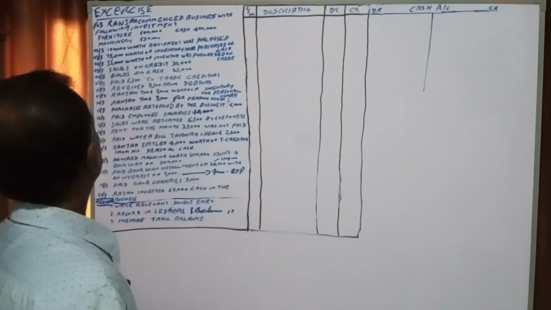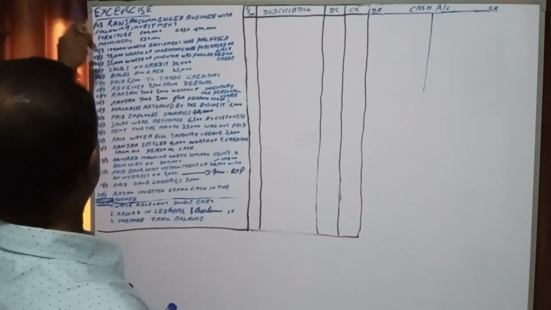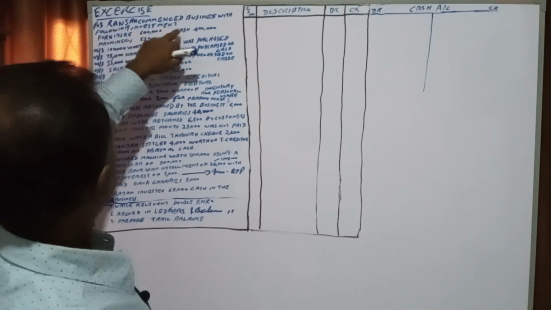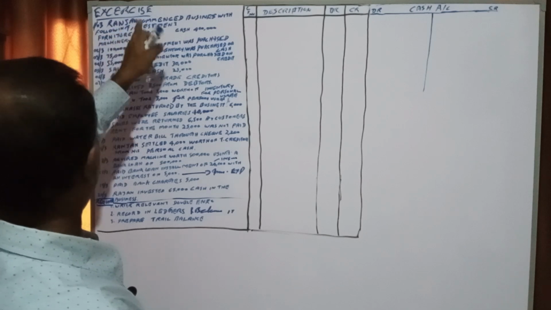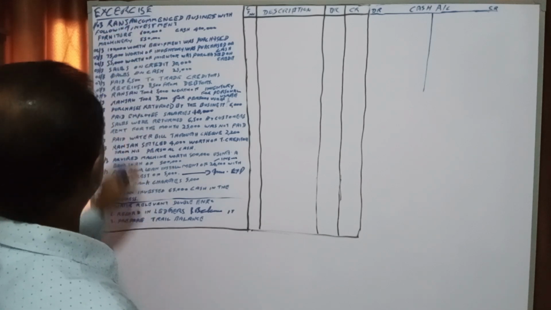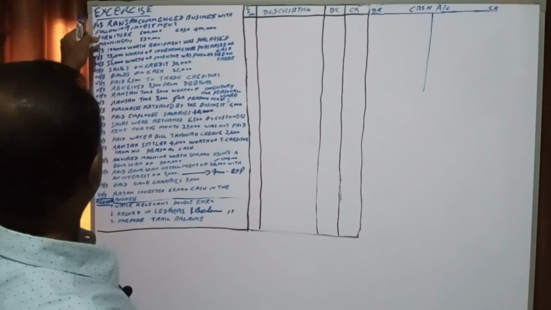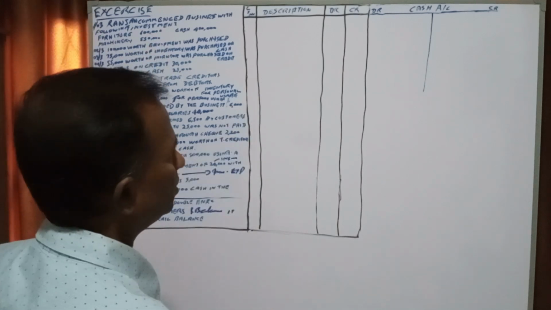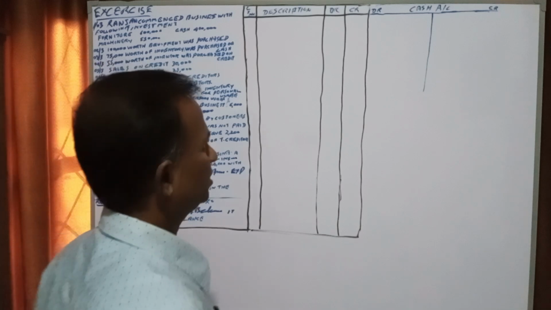On 1st of March, Ranjan commenced business with the following investments: furniture, machinery and cash. The cash account we have opened; furniture and machinery we have to open.